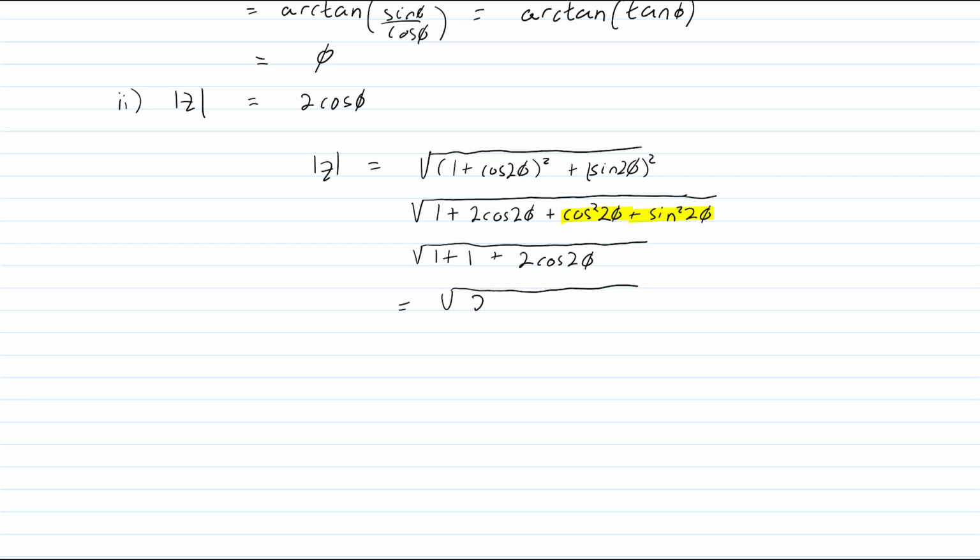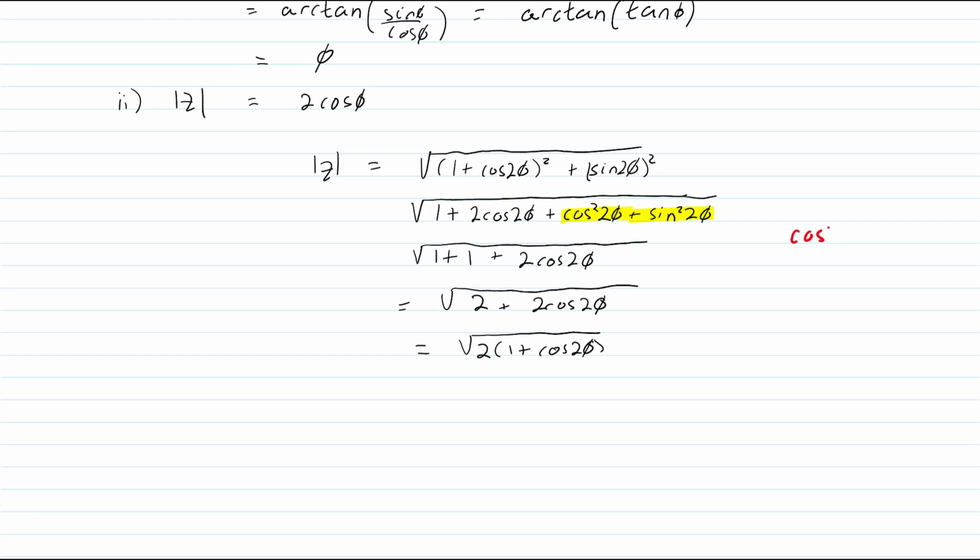And then we're going to get 2 plus 2 cos 2 theta, which is equal to, well, if I factor out this 2 here, I'm going to get 2 times 1 plus cos 2 theta. And now I can just use our double angle identity. So that would be this one here. I'll just write it in red over here.